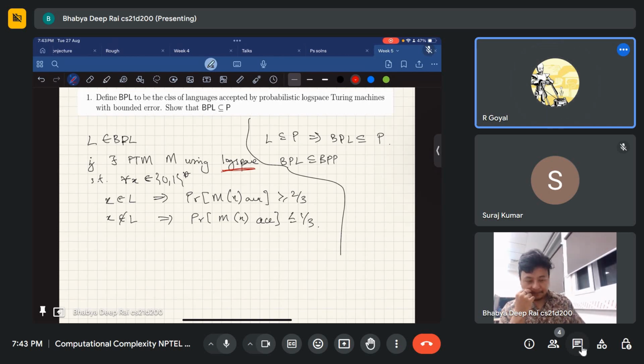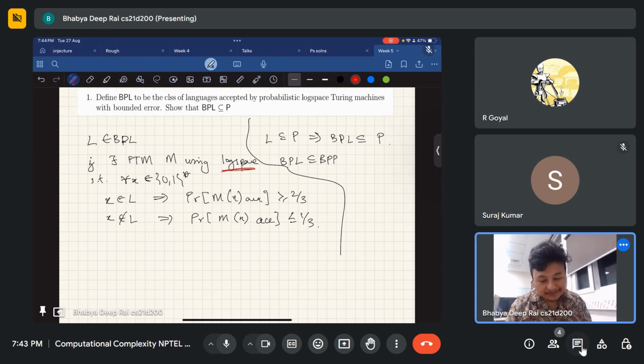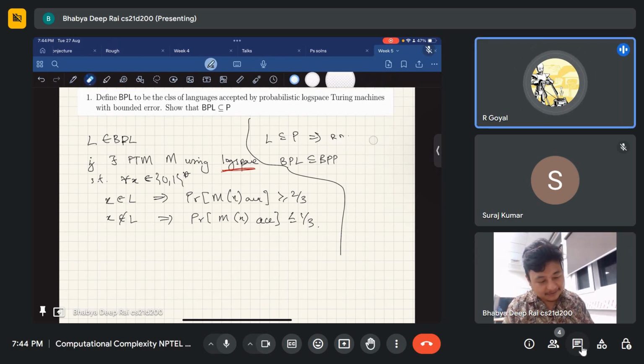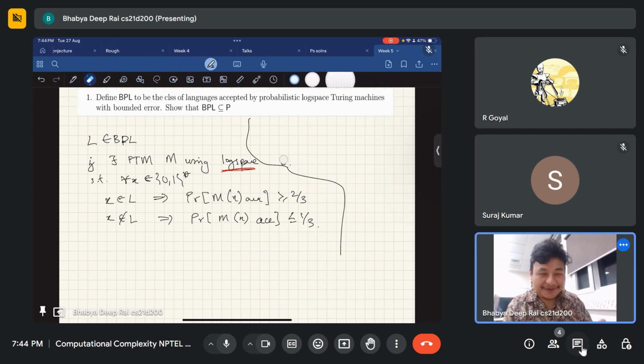If something is occupying log space only, then the time at the most it can take is polynomial. Somewhat close. The fact that it is running in log space means the configuration graph, the number of configurations, is actually small.